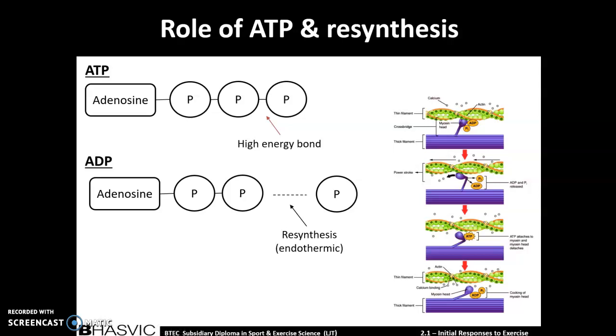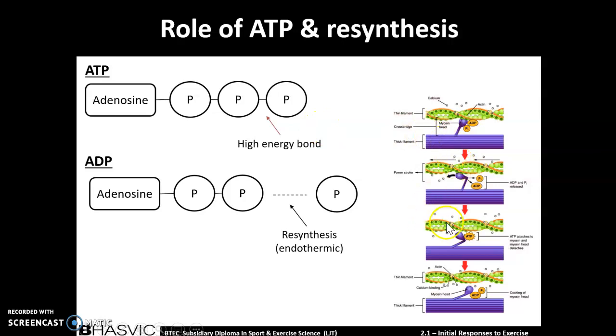Looking at energy systems, ATP, known as adenosine triphosphate, is formed of one adenosine molecule and three phosphate molecules, and these are each bonded with a high energy bond.